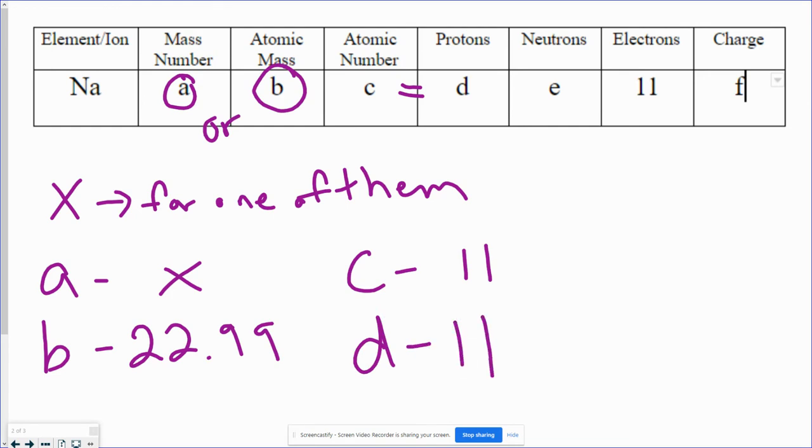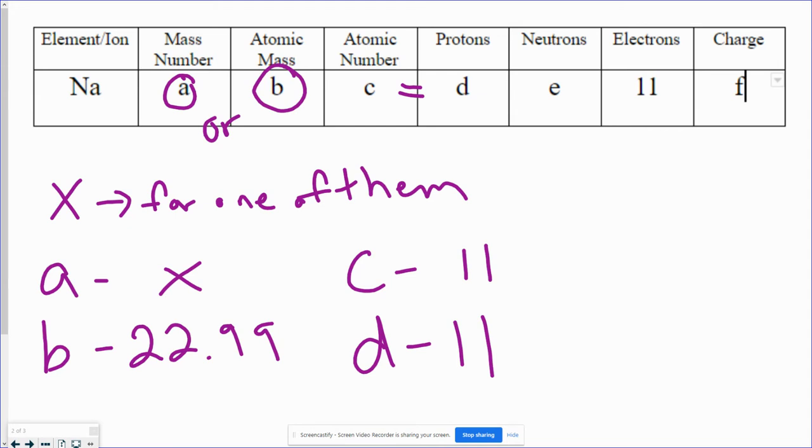Now, with the neutrons, that is where we're at next. With the neutrons, you're going to want to look at either the atomic mass or mass number that you have. On this one, we don't have the mass number, we have the atomic mass. Sorry about that. That atomic mass is the number of neutrons and protons.